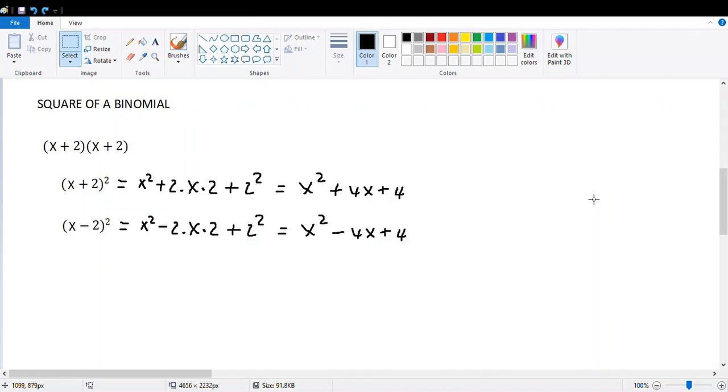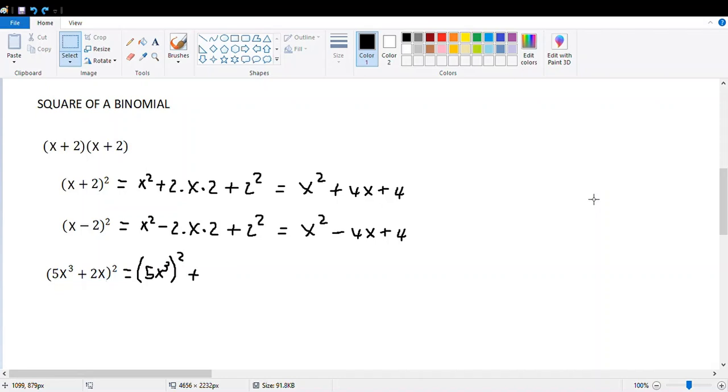Now that's the answer. But let's analyze another example a little bit more complicated, and that is 5x cubed plus 2x, squared. Then remember the strategy. The first term squared. The first term in this case is 5x cubed, squared. Plus, remember that when the binomial is an addition, this is always plus.